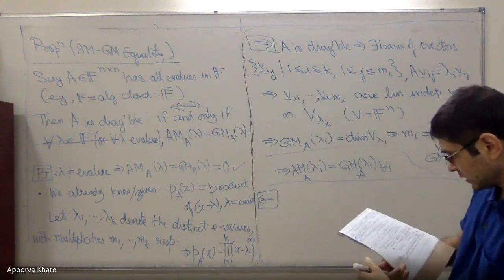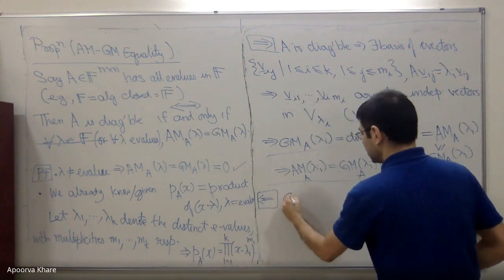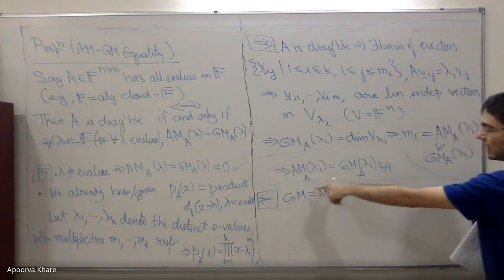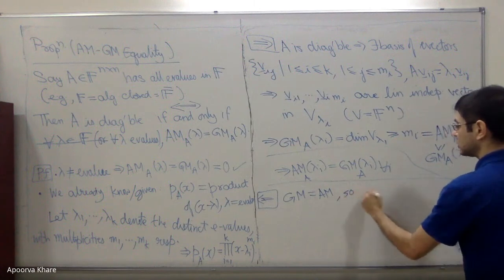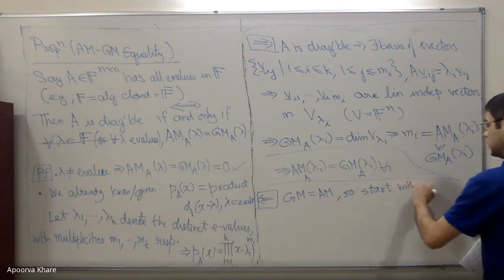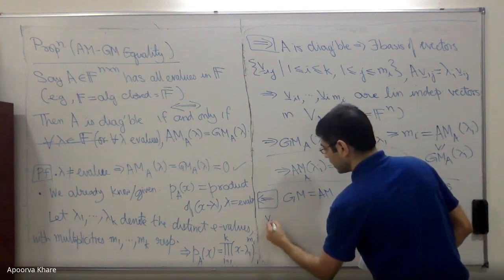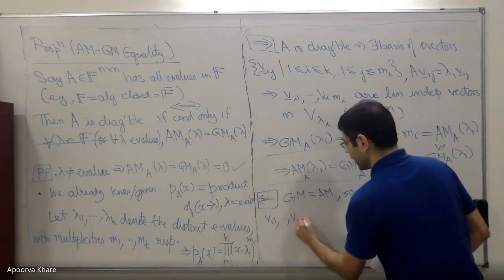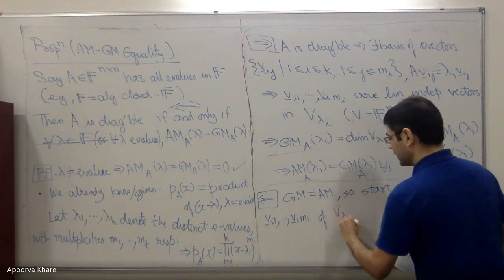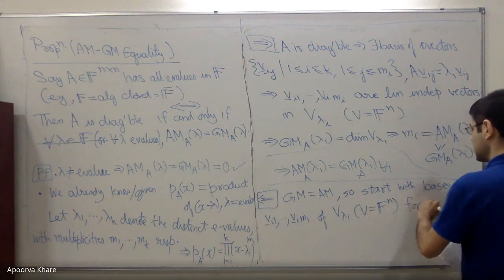So how do I want to say this? GM equals AM. So let's start with bases V_i1 through V_i,m_i of V_lambda_i, where V, of course, is F to the n again, for each i.